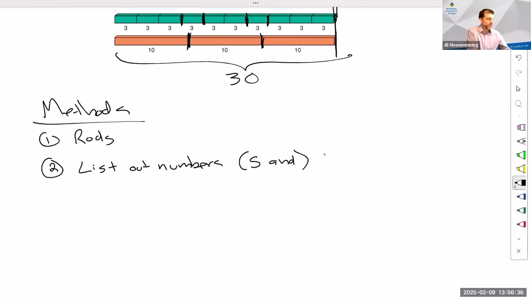It was the way we started this video. List out the multiples of 5, list out the multiples of 7, and just find the first one that they have in common. Now, that method works fairly well with small numbers, especially if you only have 2. But as soon as you introduce a third number that you're trying to find the least common multiple of, or you work with really big numbers, these two methods are not going to be very efficient.